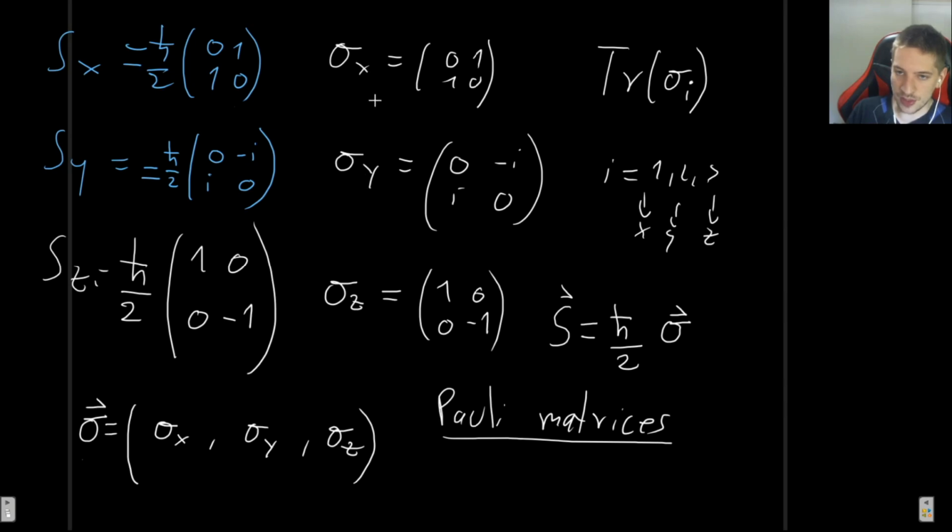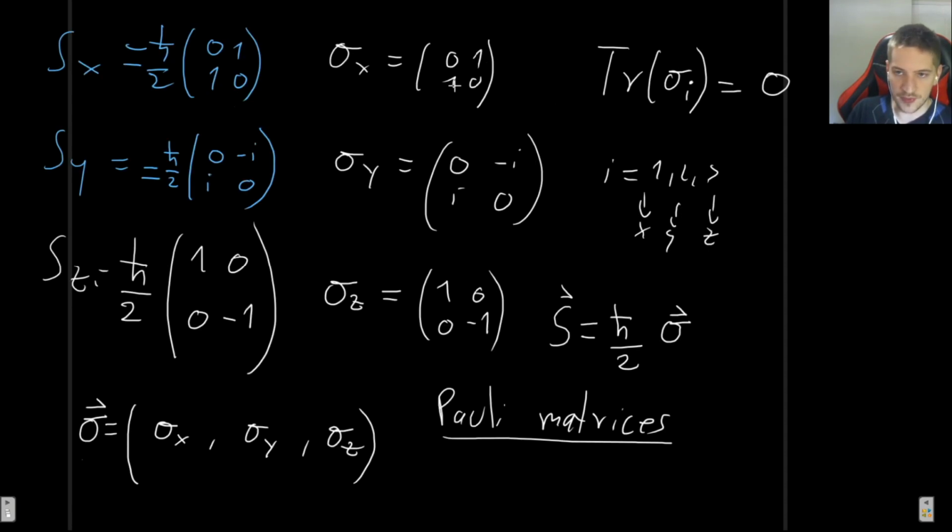This is true for all of them: their trace is 0. You can just see that right away. Another important property is that sigma i squared gives us the identity. This you can verify quite quickly.